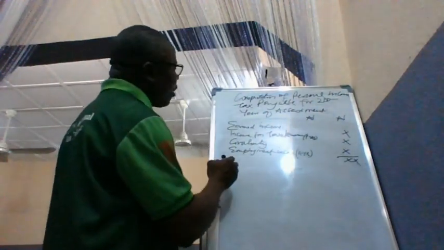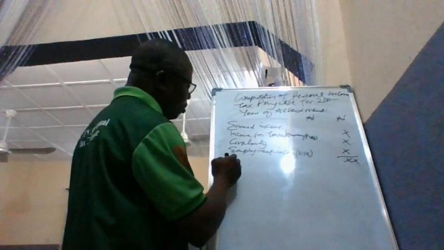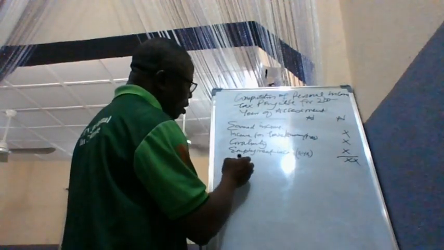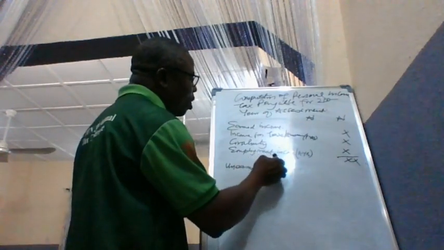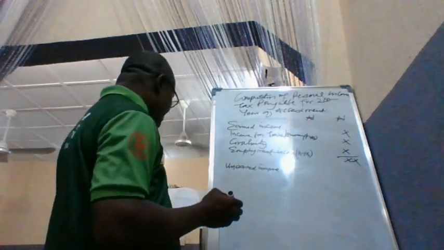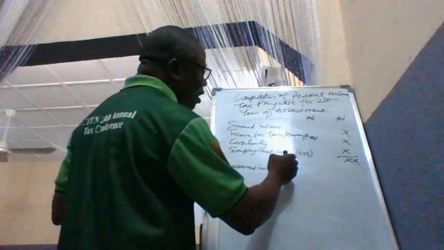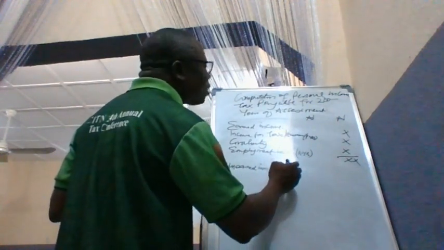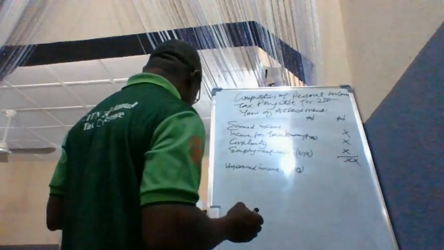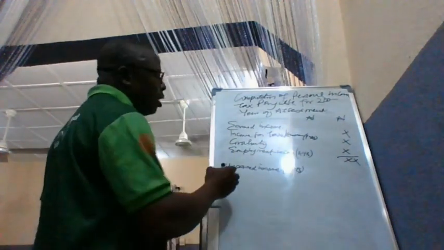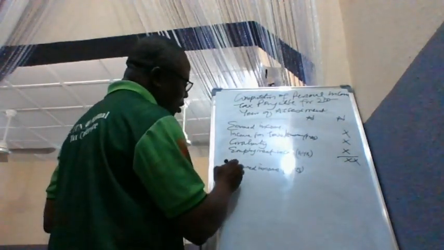Then you now consider your unearned income. Unearned income is dealt with on preceding year basis. This might include rental.